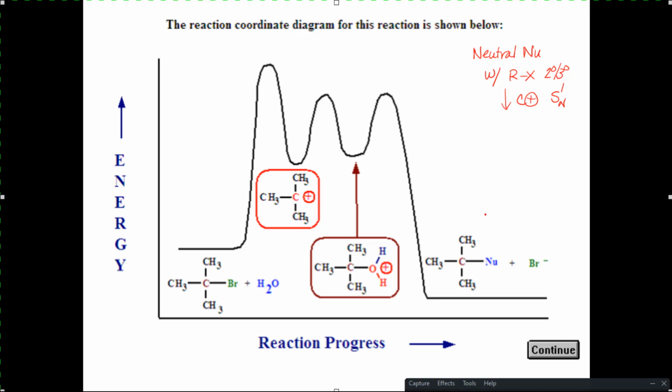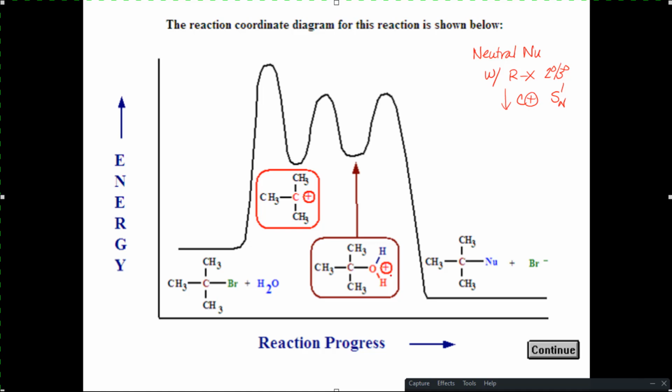Okay, and we'll come back to that because we'll build a chart in the future that will allow us to predict whether we have an SN1 or SN2 reaction. Now, in terms of the energy coordinate diagram, here's the diagram for that reaction. The first is the formation of the carbocation, and then the water adding to form the second intermediate, which is the oxonium ion.